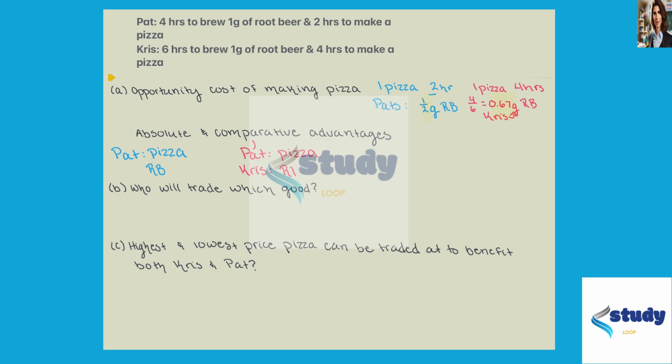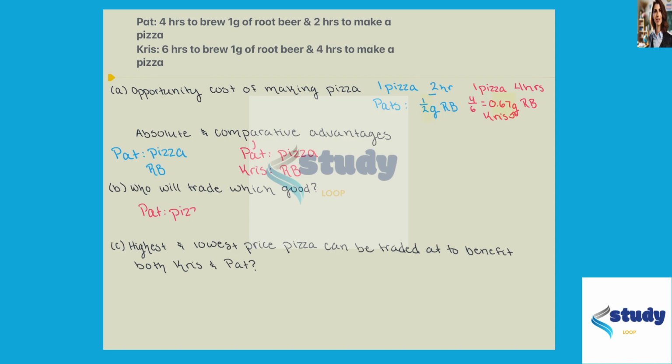Her opportunity cost of producing root beer will be lower than Pat's. So now, if we wanted to ask ourselves who will trade which good, people trade and countries trade the good which they have the comparative advantage in. So because Pat has the comparative advantage in pizza, we can say that Pat is going to trade pizza.